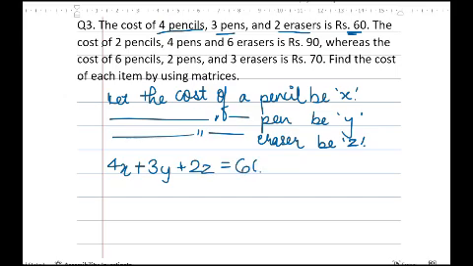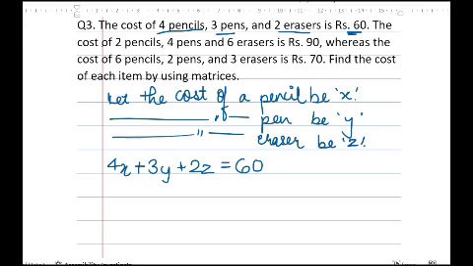So x, y and z are already cost. So this is your total cost, and this is how many times that cost is taken. So 4 pencils meaning 4 times the cost of 1 pencil, 3 pens means 3 times the cost of 1 pen, and 2 erasers means 2 times the cost of 1 eraser.